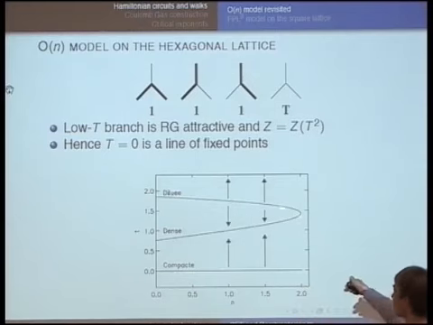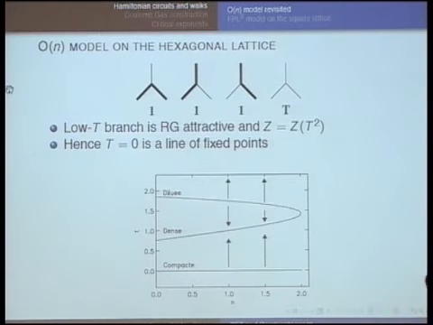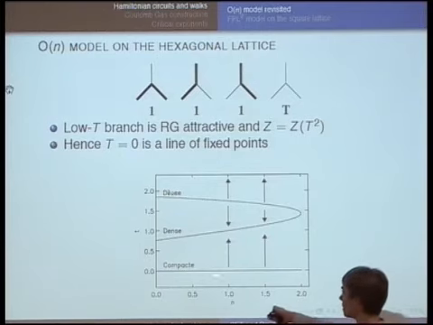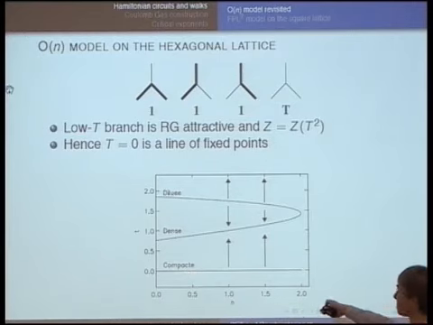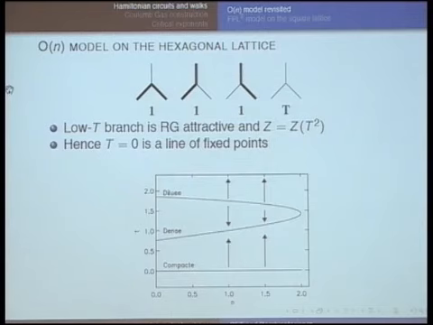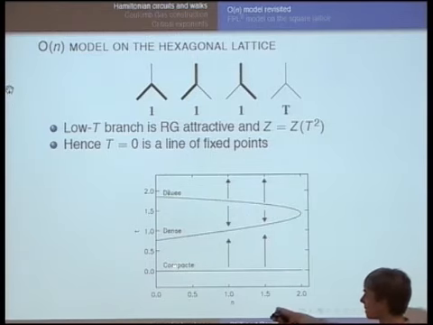And that was the object of the results that I just gave you in, say, the second talk. Now I'm going to talk about this line here, which I have just argued is at least a line of fixed points. I don't know for sure yet that it's a critical theory, but I'm going to find out that it is. And so now I'm just constraining to this line here.